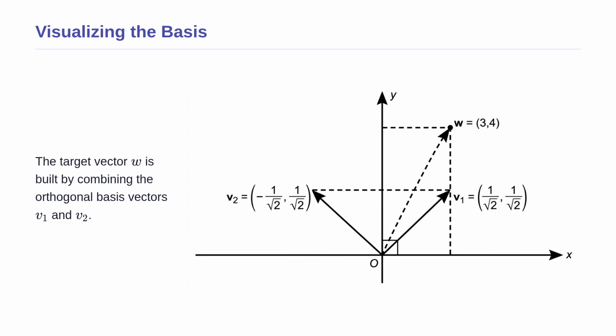The dashed arrow represents our target vector W, reaching the point 3, 4. The dashed projection lines show how W is constructed. By traveling along the V1 direction and then turning 90 degrees to travel along the V2 direction, we arrive perfectly at our target. The diagram shows how the orthonormal basis creates a tilted but perfectly square grid system.